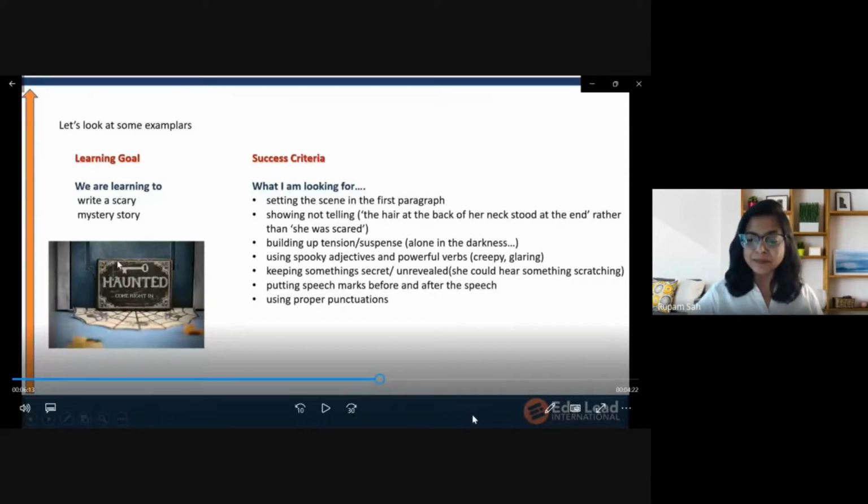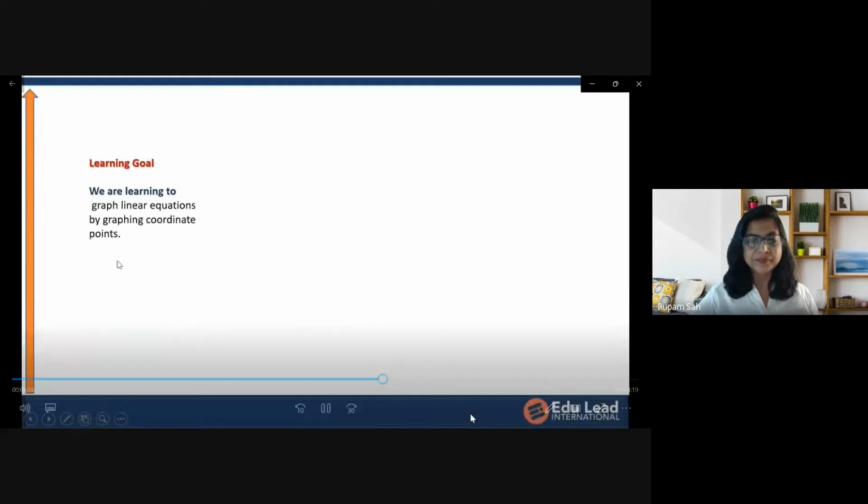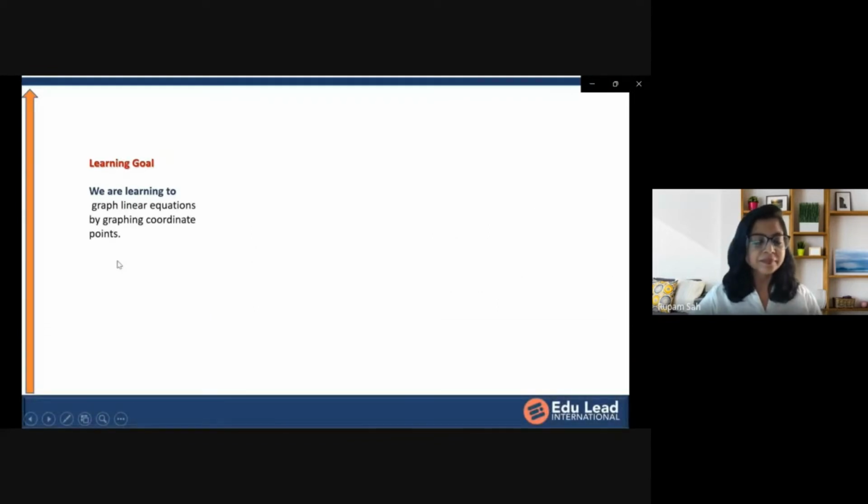So there are more examples. Let's have a look at another example. This is from mathematics. We are learning to graph linear equations by graphing coordinate points.